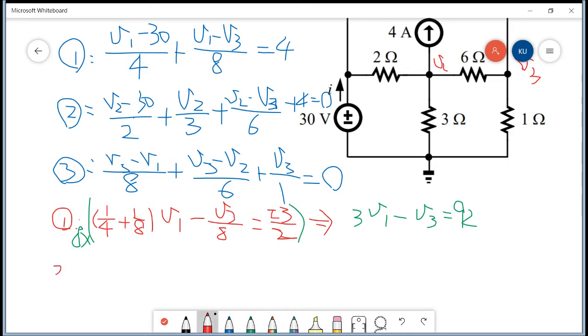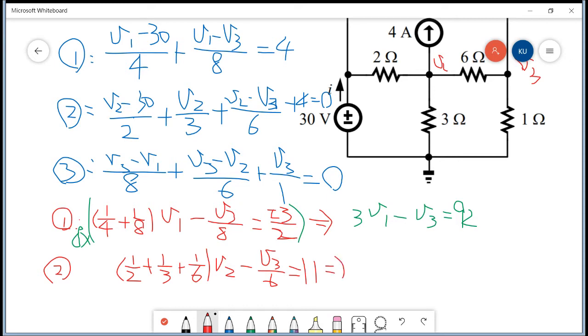For the second one, we have (1/2 plus 1/3 plus 1/6) V2 minus V3 over 6 equals 11, since we have 4 and then minus 15, so 11.